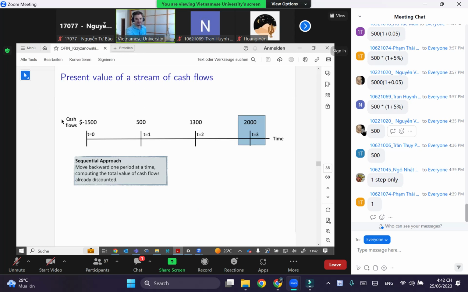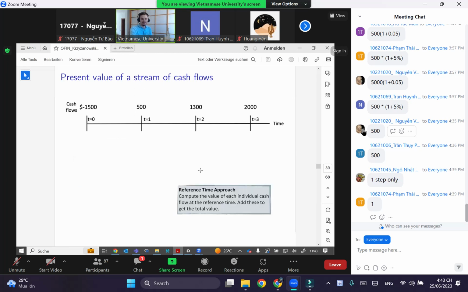And then the present value of the total stream of cash flows would be the present value of the minus 1,500, plus the present value of the 500 discounted by 1 period, plus the present value of the 1,300 discounted by 2 periods, plus the present value of the 2,000 discounted by 3 periods.